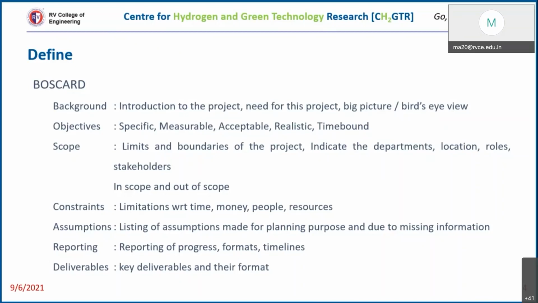So next is assumptions. Sometimes you will end up making a few assumptions in order to do the planning of the project or in order to carry out the project. So what are those assumptions? The assumption could be that you are going to carry out the project in RV College of Engineering, and the space required for that project will be provided by RV College of Engineering.